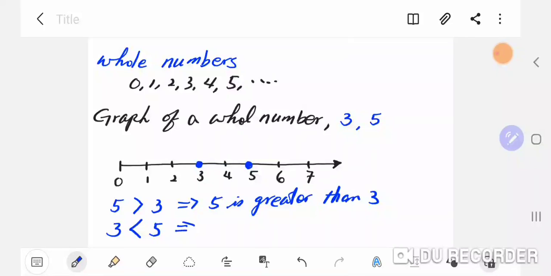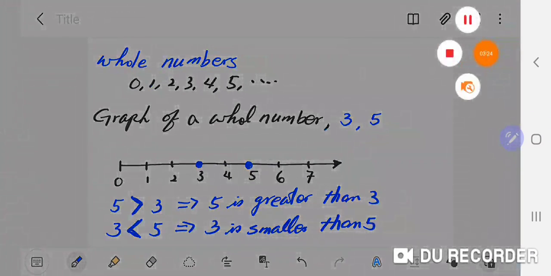So this means 3 is smaller than 5. On the number line, the number on the right side is always larger and the left side is smaller. And the inequality symbol always opens towards the larger number. So 5 is larger, so this symbol opens towards number 5.